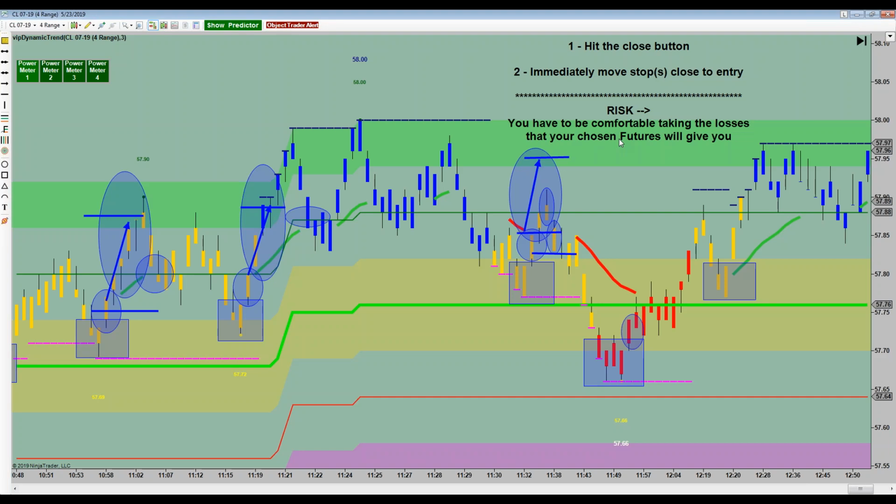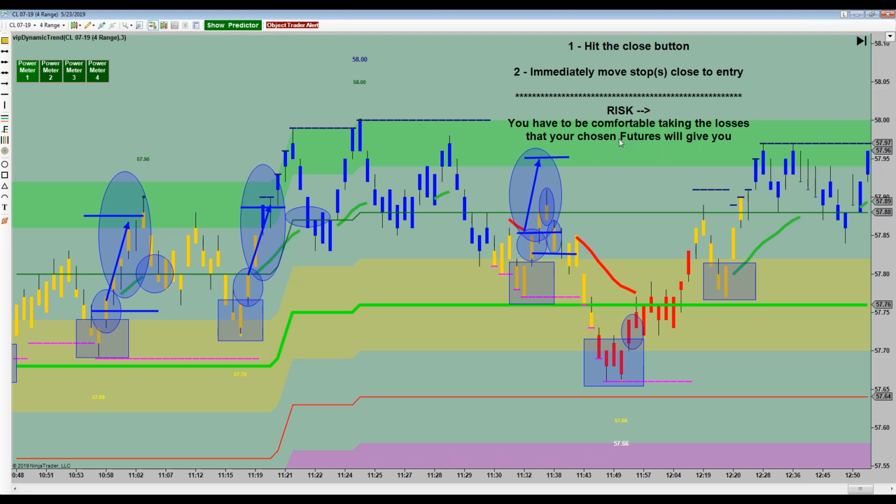What that means is that it's quite possible that with an instrument, you could take multiple losses in a row before you catch a trade to make it up. Some people like that. I have friends that trade NASDAQ. They love it. They love the volatility. But they will admit to you that they take a few pops before they catch a runner. So the risk profile is very different with something like NQ.